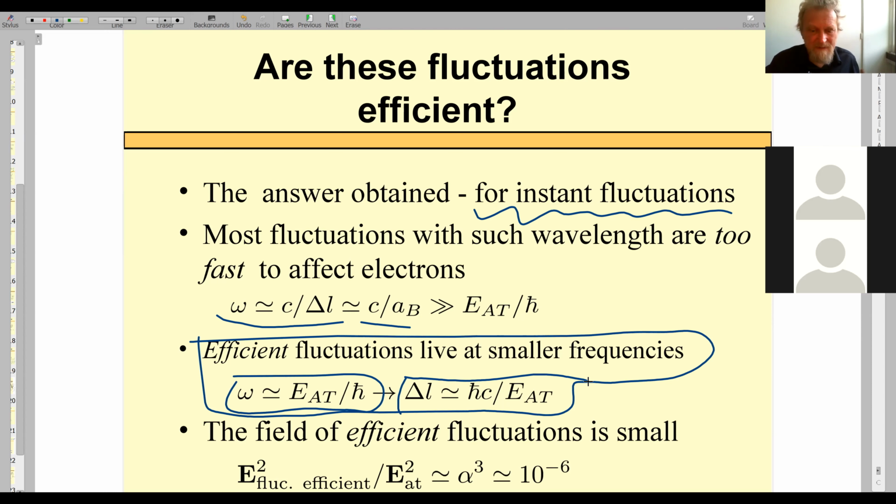And one finds the correspondence which we have already seen when we estimated 0-point energy. It must correspond, and it does. The 0-point energy at atomic scale is somewhat 10⁻⁶ of the atomic energy itself.